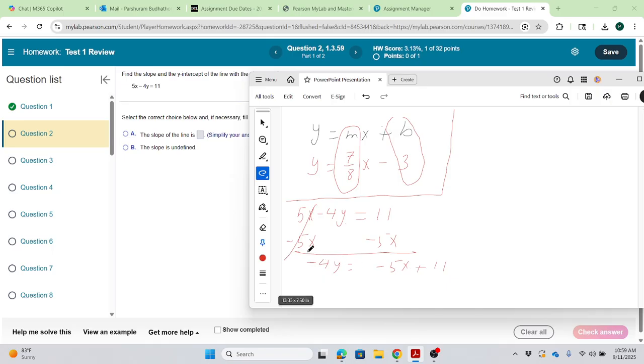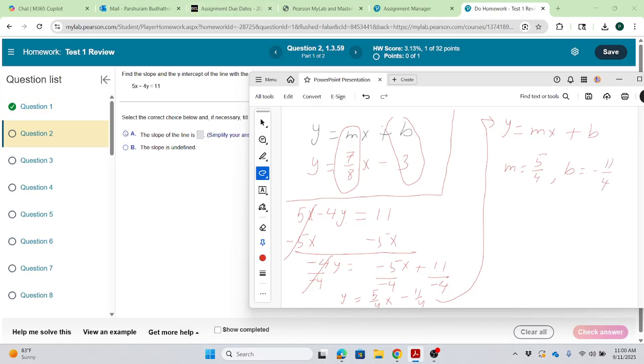We don't want this -4 in front of y, so we just have to divide both sides, everything on the other side, by -4. That gives us y equal, negative divided by negative is positive, 5 over 4x minus 11 over 4. Now if we compare this with mx plus b, the m would be 5 over 4 and b would be -11 over 4.